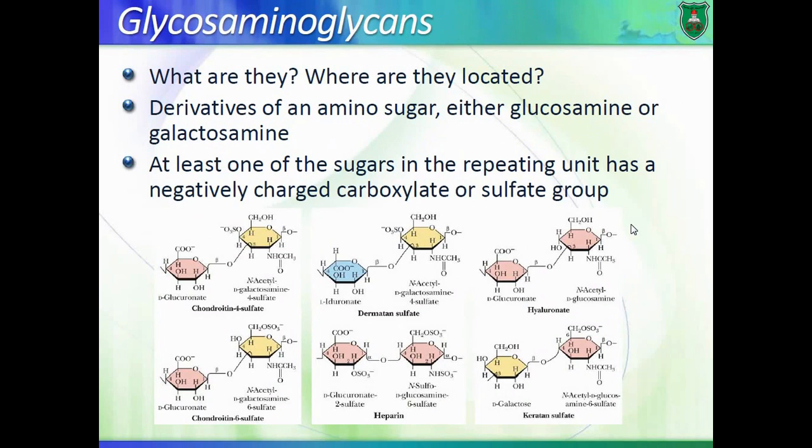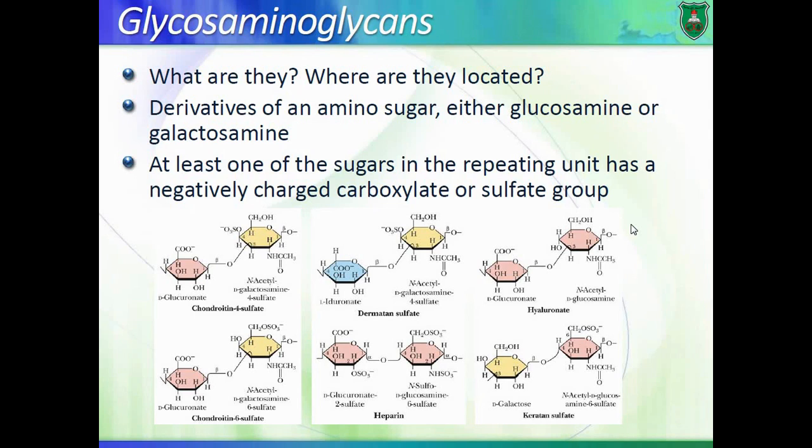Another type of polysaccharides is the glycosaminoglycans, or GAGs. The glycosaminoglycans are different types of polysaccharides made of two-unit or disaccharide units repeated so many times in this polysaccharide structure. So they are heteropolysaccharides, they're not homo.